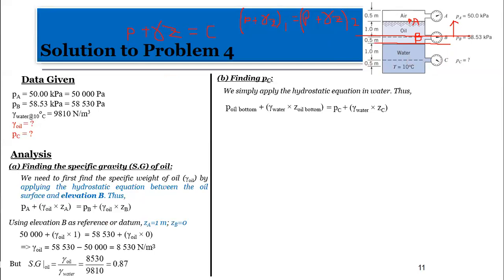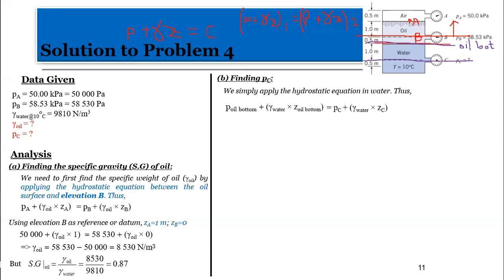Okay, let me change the color. So we are looking at this PC here, and then that's the bottom of the oil. All right, so let's say we call this oil bot. That's the bottom, okay? Oil bottom.